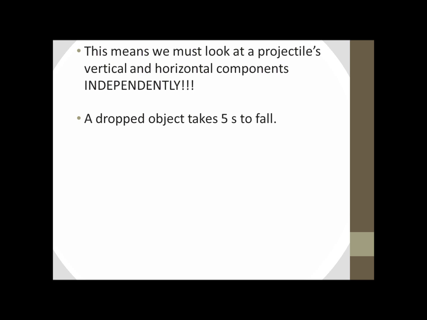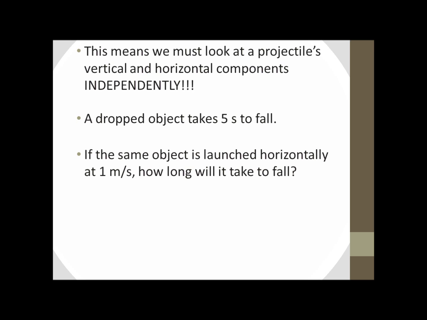So a dropped object takes 5 seconds to fall. If the same object is launched horizontally at 1 meter per second, how long will it take to fall? Well, since it's launched horizontally, it takes the same amount of time. So it would still take 5 seconds. What if it was launched at 10 meters per second?